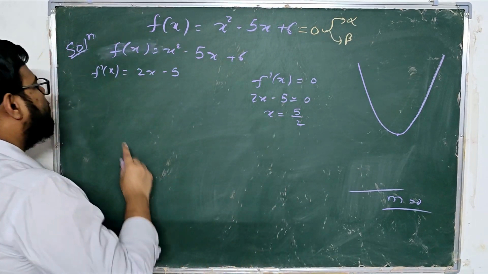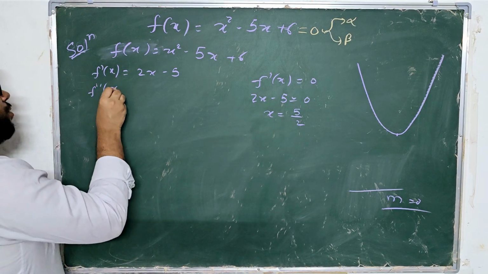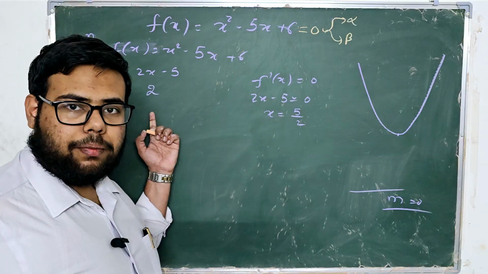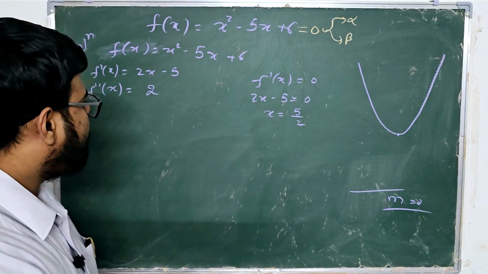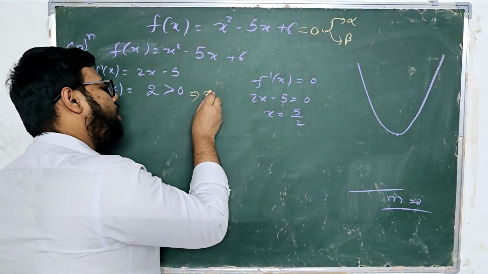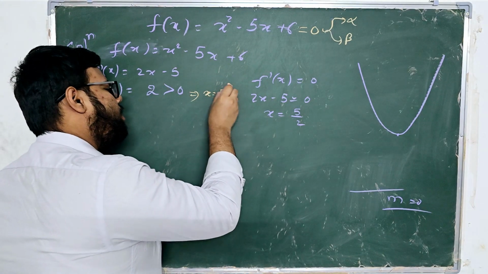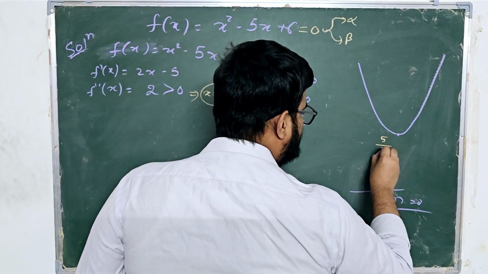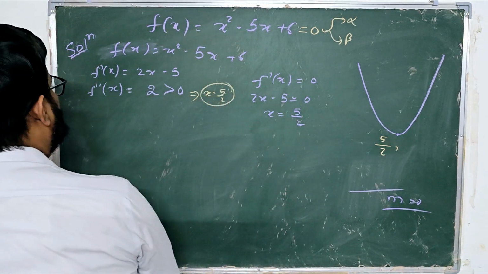Okay. Now differentiate it a second time. f''(x) is 2, and since it is greater than 0, this implies x = 5/2 is the minima. Okay. So this will be (5/2, ...), let's solve for the ordinate value.